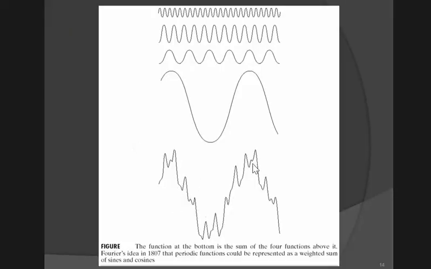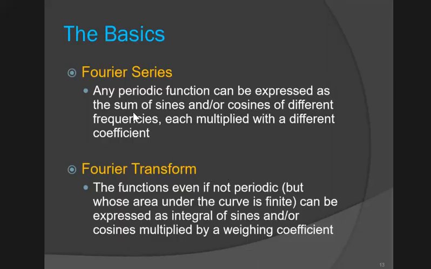According to Fourier, this signal can be represented as a sum of different sine and cosine signals of different frequencies. So we can represent this signal as a sum of these signals which have different frequencies. That is the main idea behind the Fourier series.